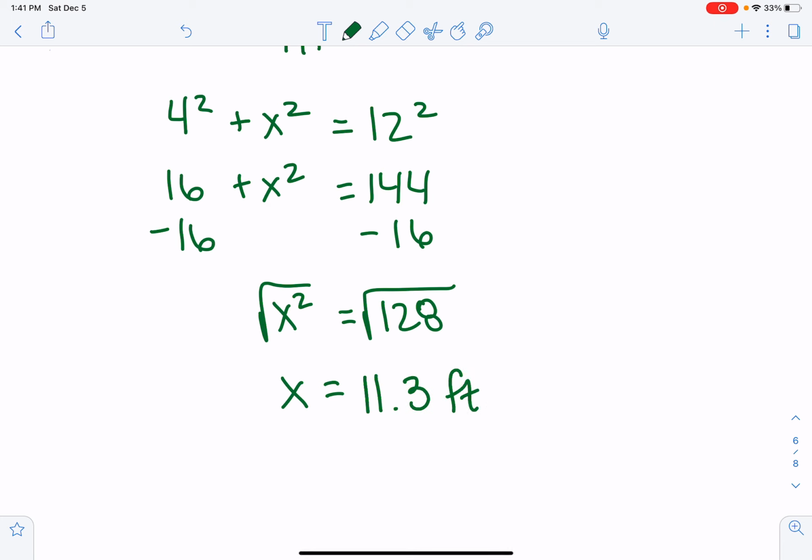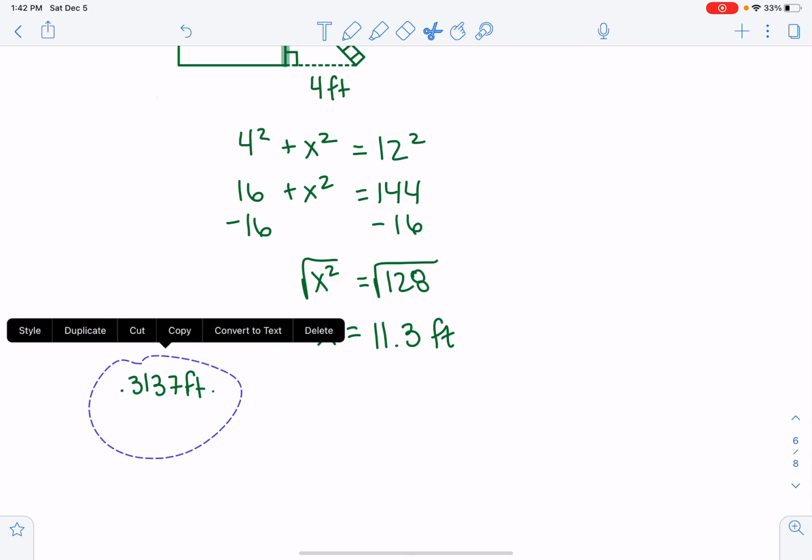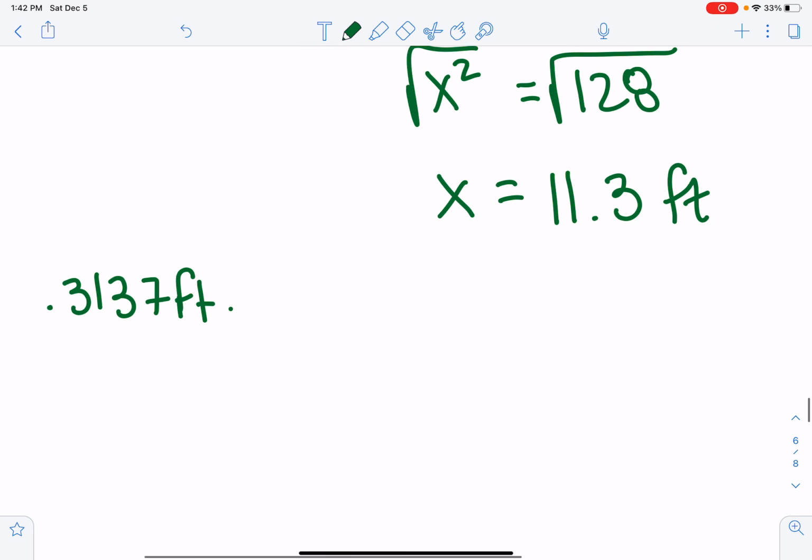If you wanted to convert that .3 feet into inches, it was actually 0.3137. It was that many feet. So you could convert using what you learned in physics. 12 inches are in 1 foot.